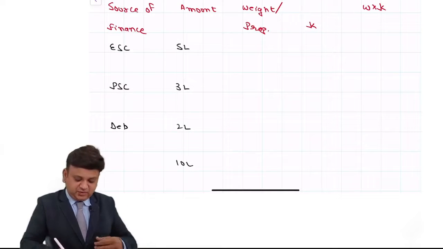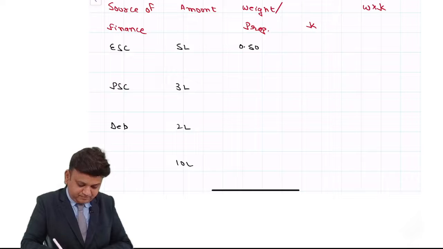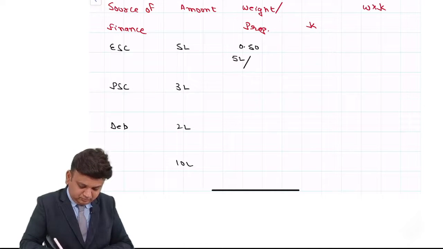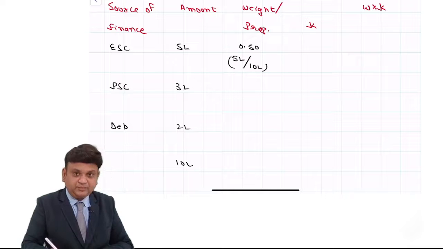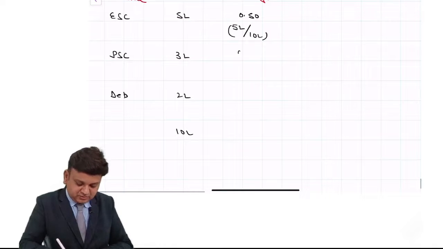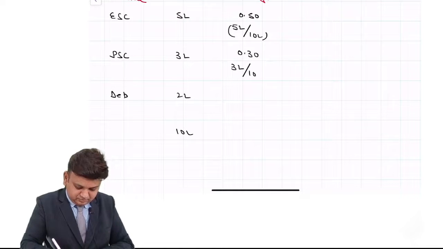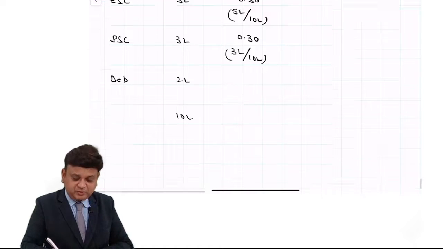5 upon 10 is 0.50. 3 upon 10 is 0.30. 2 upon 10 is 0.20.